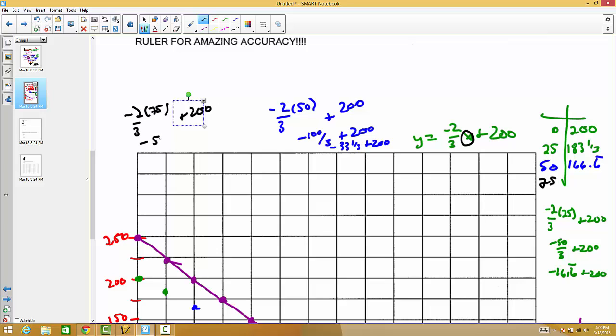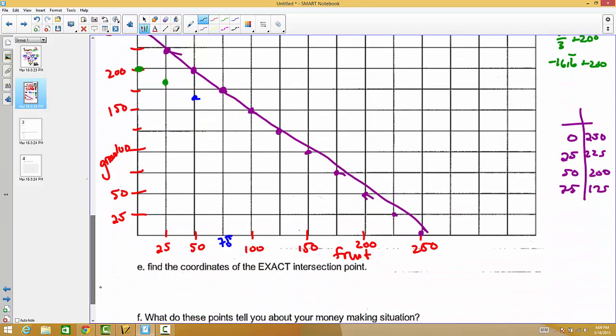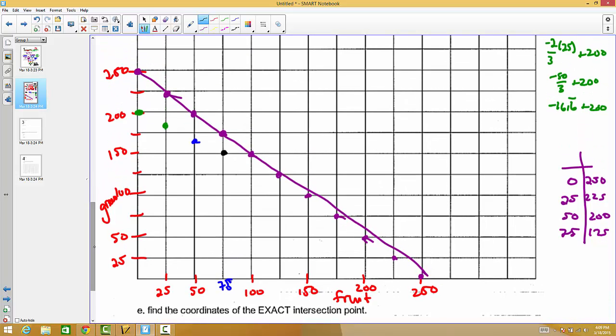So we have negative 50 plus 200, so 75 gives 150. Alright, as you can see, it's getting closer and closer. So you can continue graphing this and use a straight edge and approximate where the crossing point is.